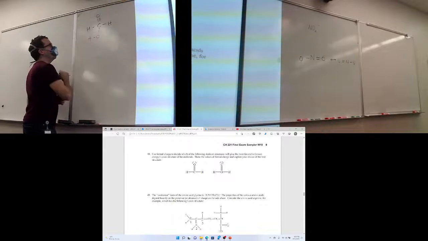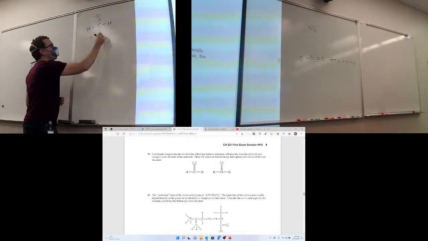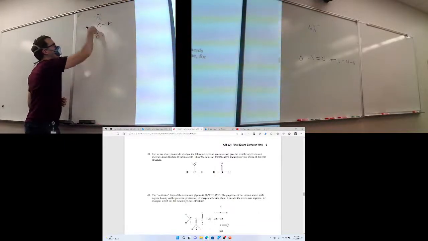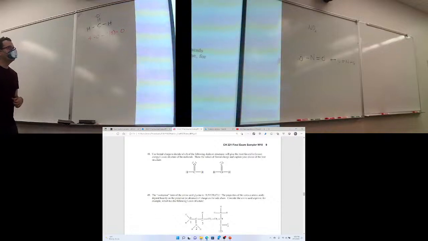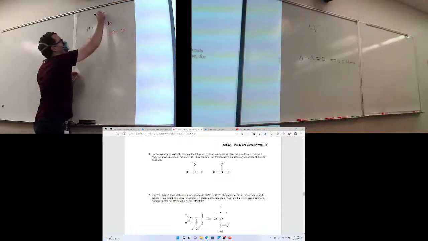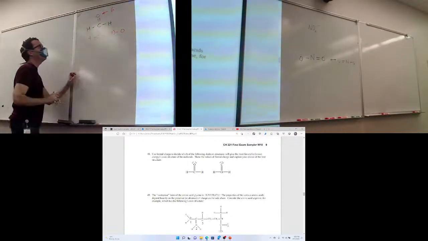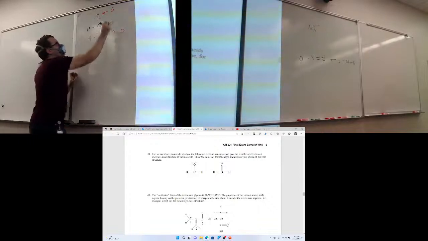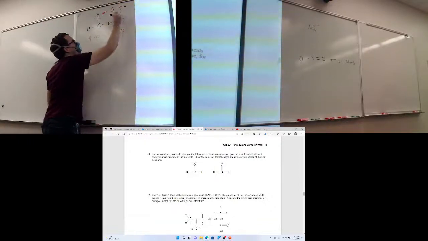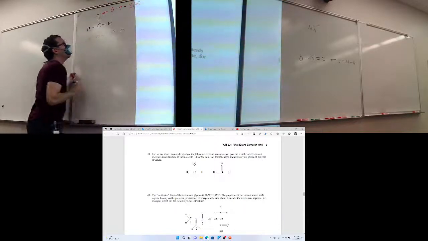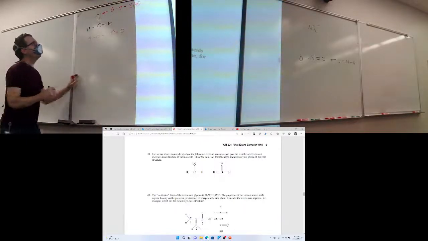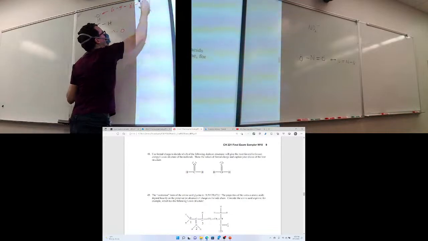There are no lone pair electrons. And there are 2, 4, 6, 8 bonding electrons. So that's 0. And on the oxygen itself, 6 valence electrons originally, minus 4 lone pair electrons, minus 4 electrons in bonds, and this is also 0.